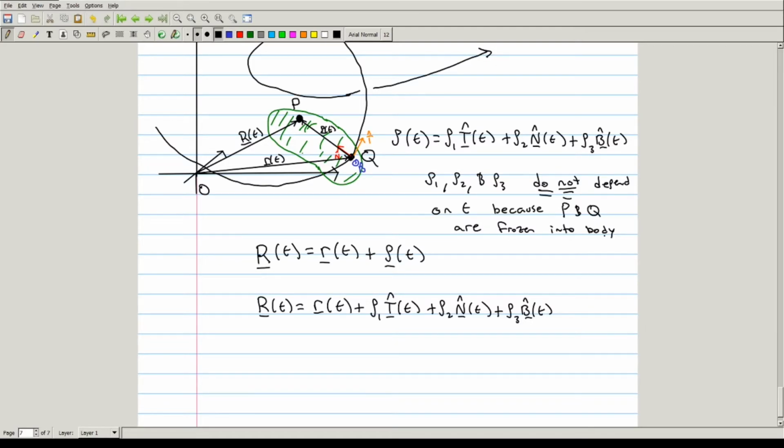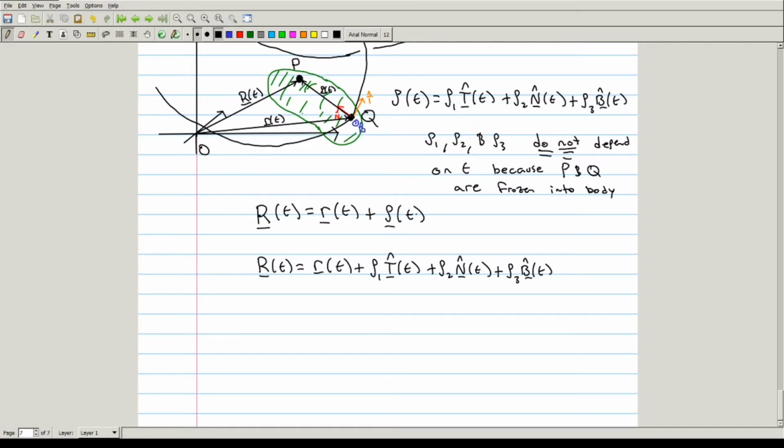So in the Frenet frame, the expansion rho 1 times T plus rho 2 times N plus rho 3 times B is always going to be the same. T, N, and B are going to be changing with respect to time, but that's normal. And this is going to give us a big simplification.